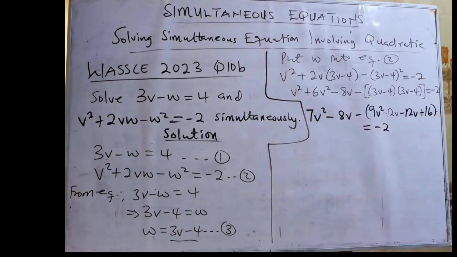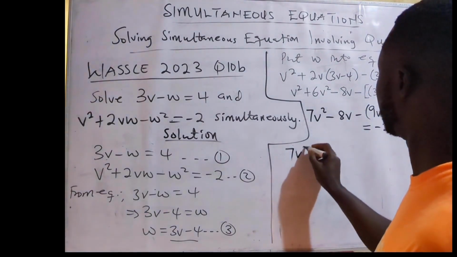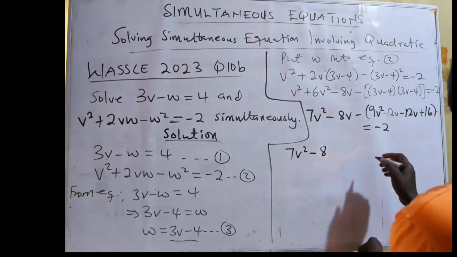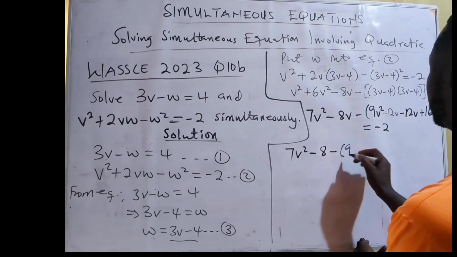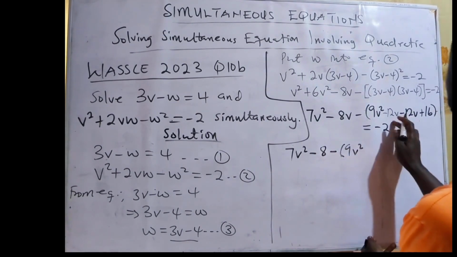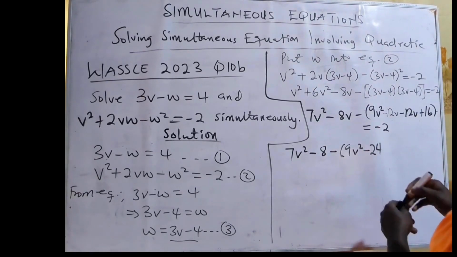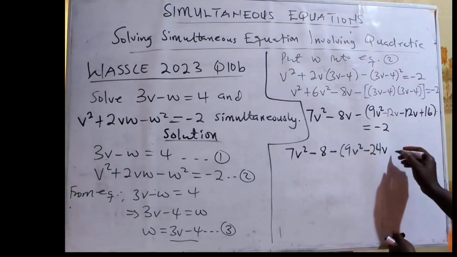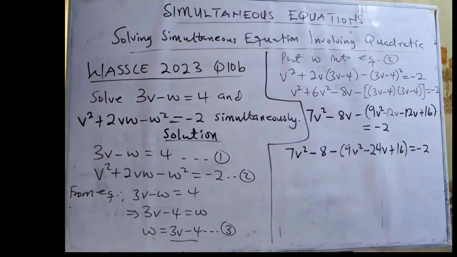So let's still continue. I have 7v squared minus 8v minus, let me finish simplifying, 9v squared minus 12v minus 12v will give me minus 24v, plus 16 to be equal to negative 2.